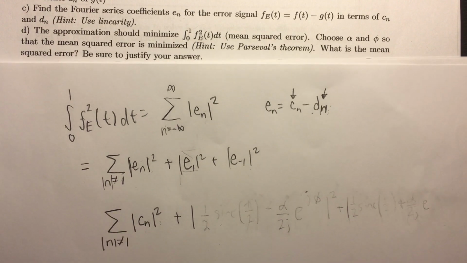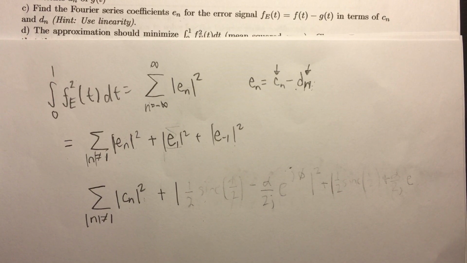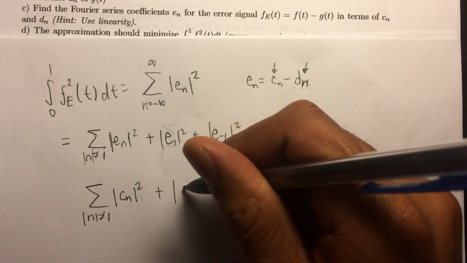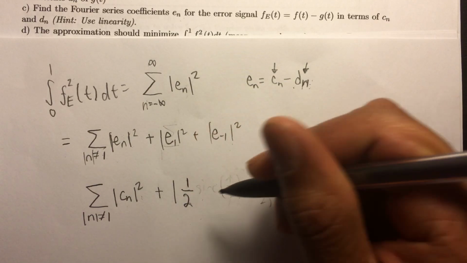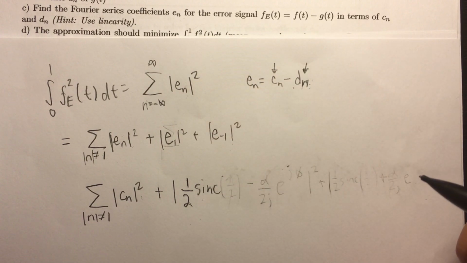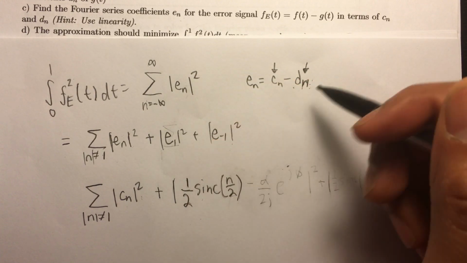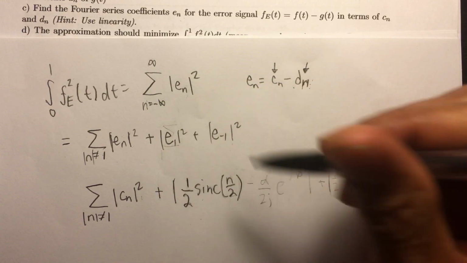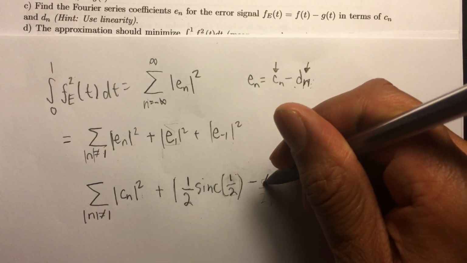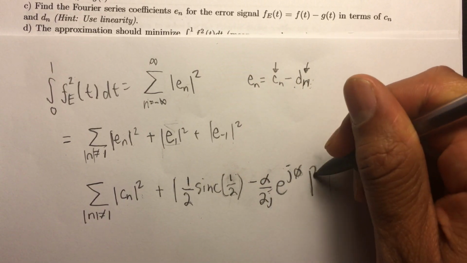Okay, so we're dividing the sum into two parts, one of which doesn't depend on dn and the other of which does. And so we can write the latter as E1 is equal to C1, that's 1/2 sinc 1/2, minus D1, which is alpha over 2j e to the j phi, magnitude squared.